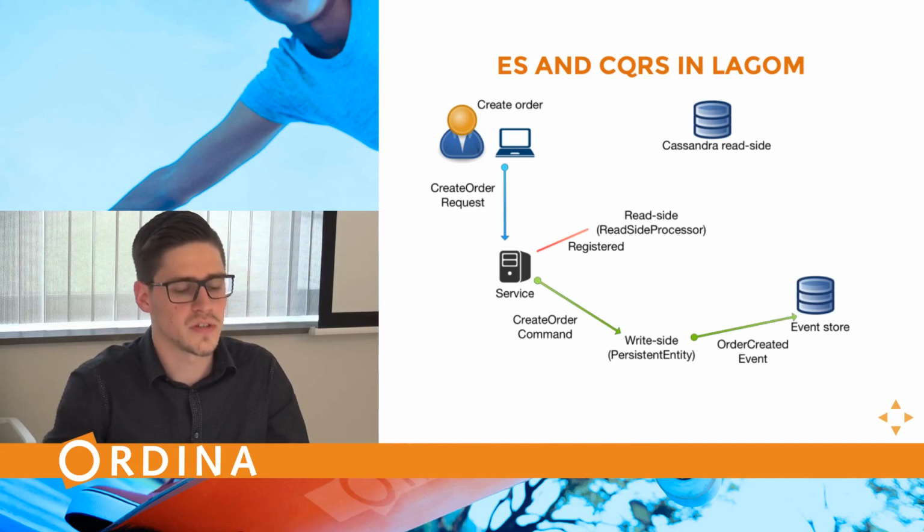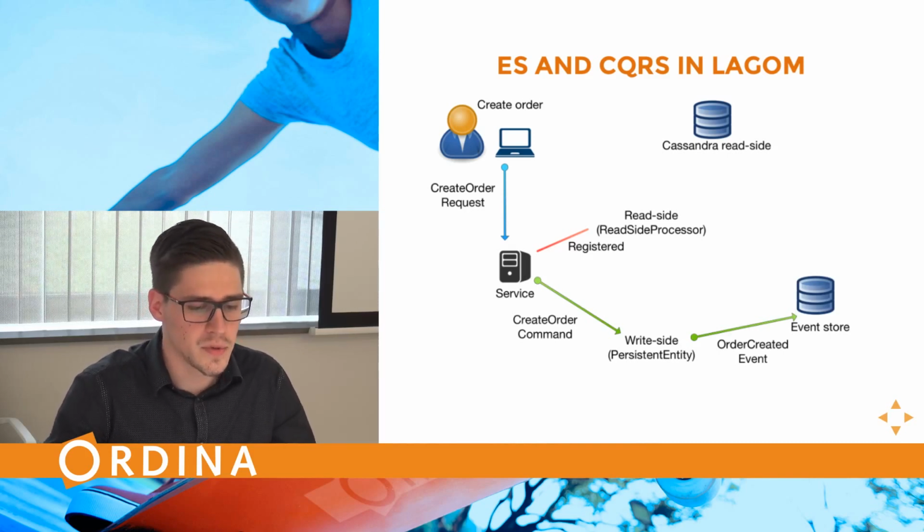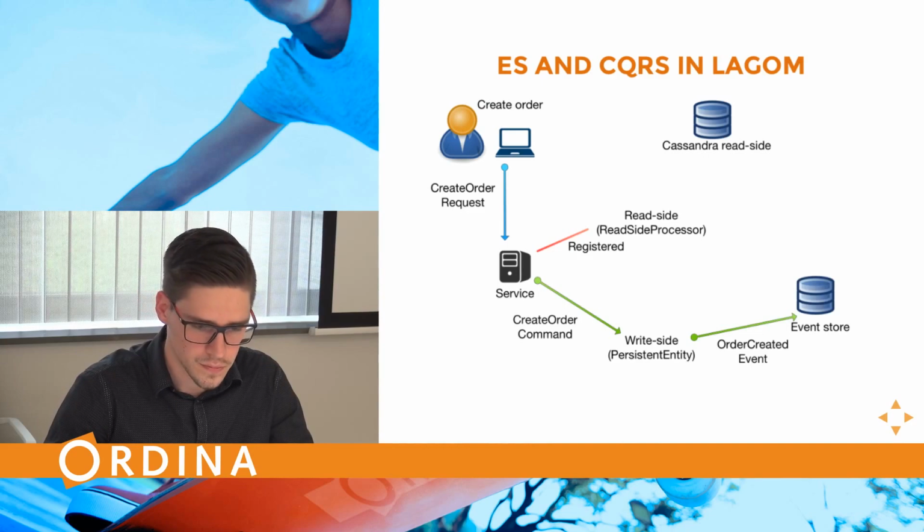On the persistent entity, we have handlers defined for handling these commands. So the right handler will process the command for us, and as a result, it should create a new order and place it in memory. At the same time, it will also create an order created event for us that will be put into the event store.